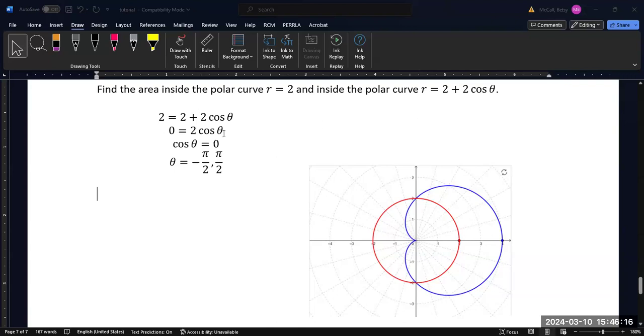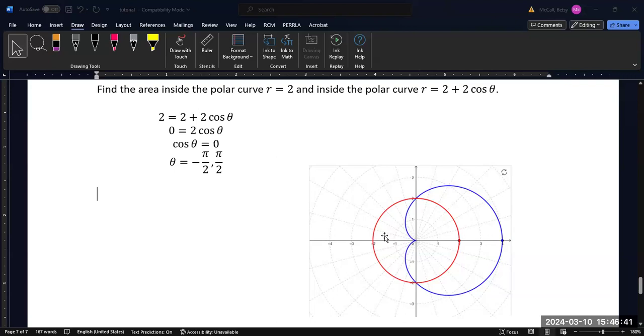So we're going to start by setting these two equations equal to each other and solving for theta. In this case, if we set these equal, we have 2 on both sides of the equation, so those cancel out. And then we solve for cosine theta, and cosine will be 0 at negative pi over 2 and pi over 2. So these are our boundary conditions right here.